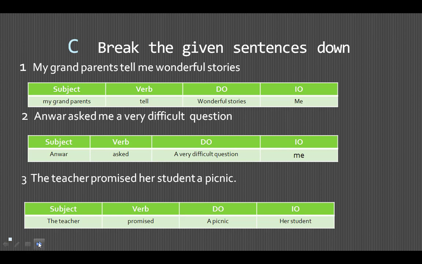In this sentence, my grandparents is the subject, tell is the verb, wonderful stories is the direct object, and me is the indirect object.